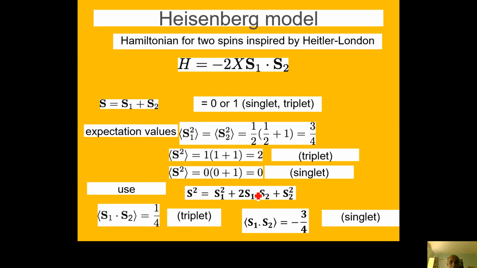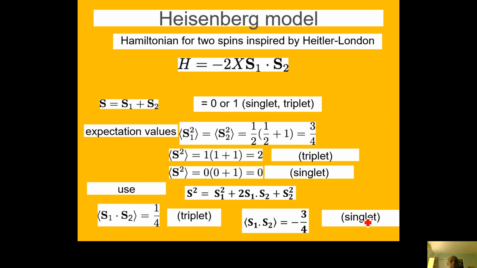But we are interested in calculating this one, so that will be S squared. If I calculate for the triplet, S is 1, so S squared is 2, minus S1 squared, which is 3 over 4, minus S2 squared, 3 over 4. If you divide by 2, you get S1 dot S2 is half.